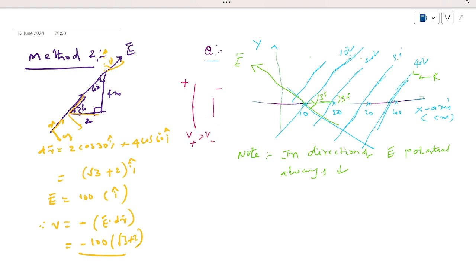The field from the positive terminal is like this, to the negative terminal it is attractive, and for the positive terminal it is away. So when I move from the positive terminal, the field direction E bar is from positive to negative. This is the conventional current direction also in cells.